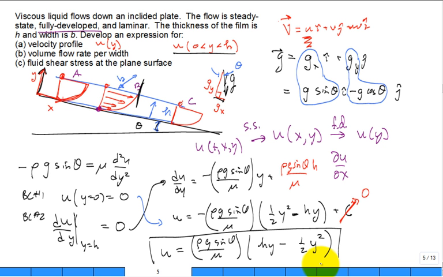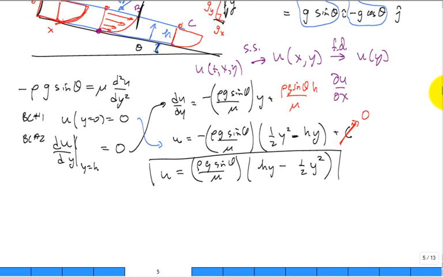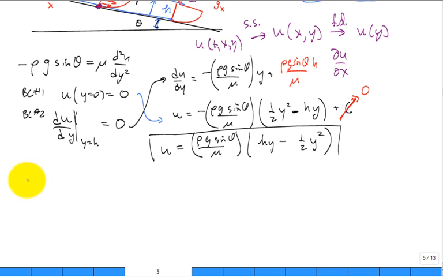Now, how about for part B? What is the volume flow rate per width? How do you calculate the volume flow rate per width? Well, they're asking for Q divided by the width B. And how do I calculate the Q?